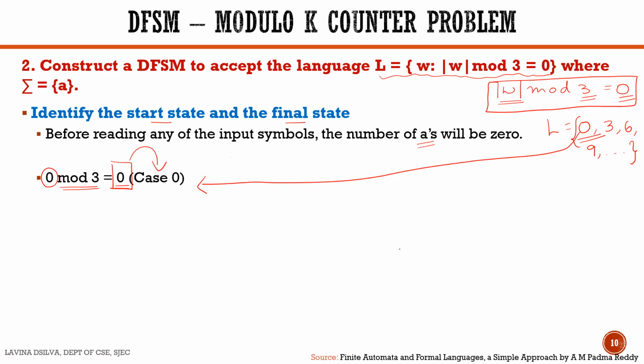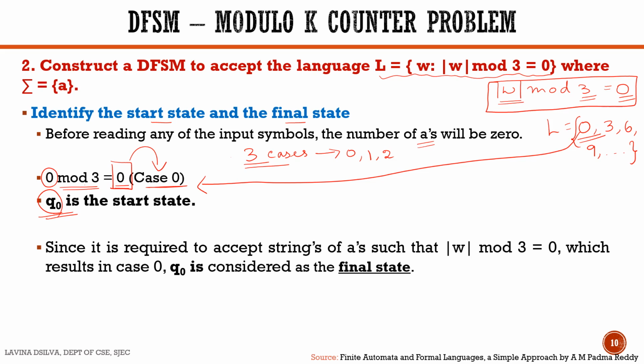In the previous slide, we had seen the 3 cases of remainders: case 0, remainder 0; case 1, remainder 1; and case 2, remainder 2, when we divide any string length by 3. So since 0 is the minimum string and 0 mod 3 is equal to 0, we consider Q0 as the start state because case 0 is represented by the Q0 state.